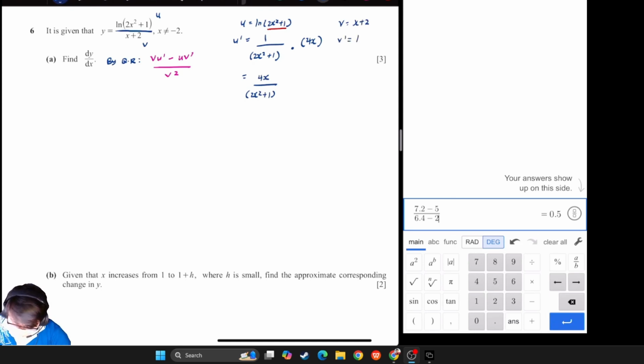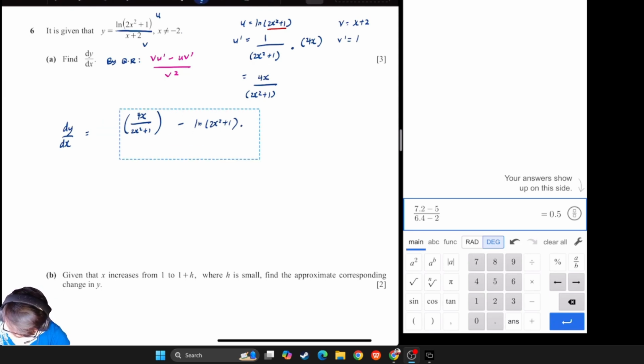So find dy over dx. Just plug everything into the formula. So v would be 1 multiplied by the u prime, 4x over 2x squared plus 1, minus u, ln(2x squared plus 1), multiplied by the v prime. Sorry, oopsie, I think I might have made a mistake. We should put v in front first, right?